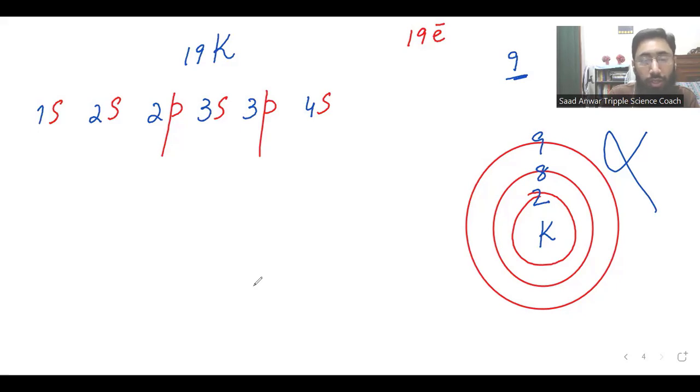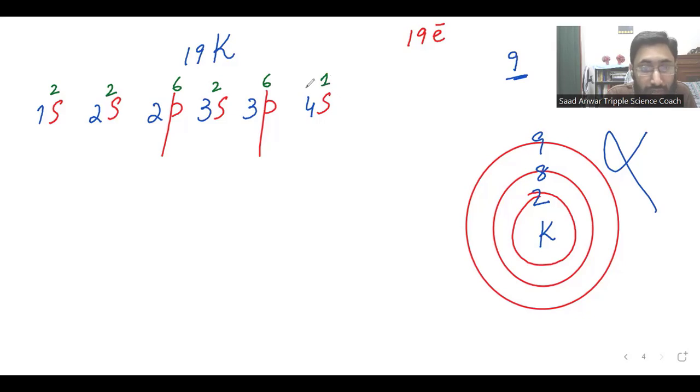I have to arrange 19 electrons. 2 here, 2 here, 6 here, 2 here, 6 here. Up till now, how many electrons have I arranged in these subshells? 18. So the remaining is 1. So I will put that 1 here.